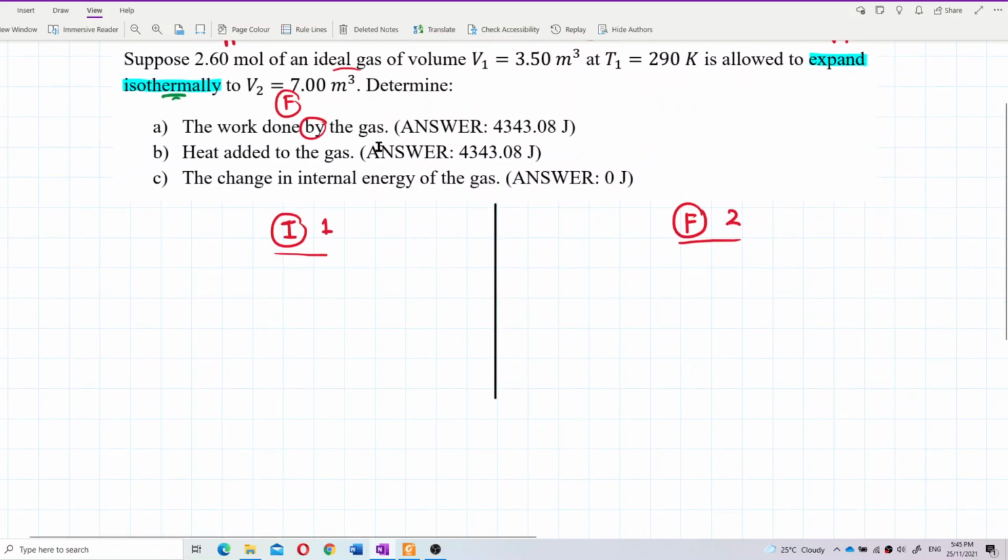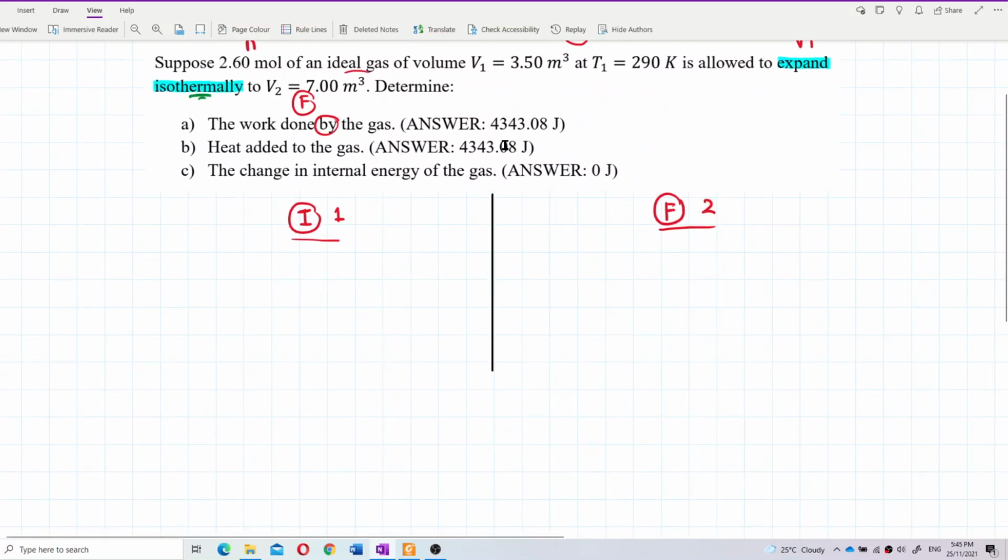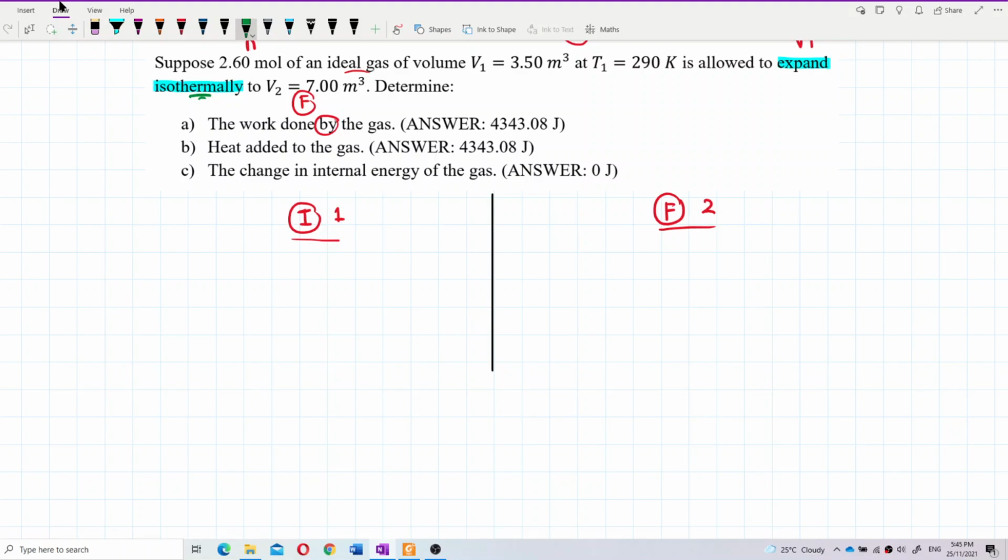Okay, so now isothermal. What do we know about isothermal process? Iso temperature means temperature constant.